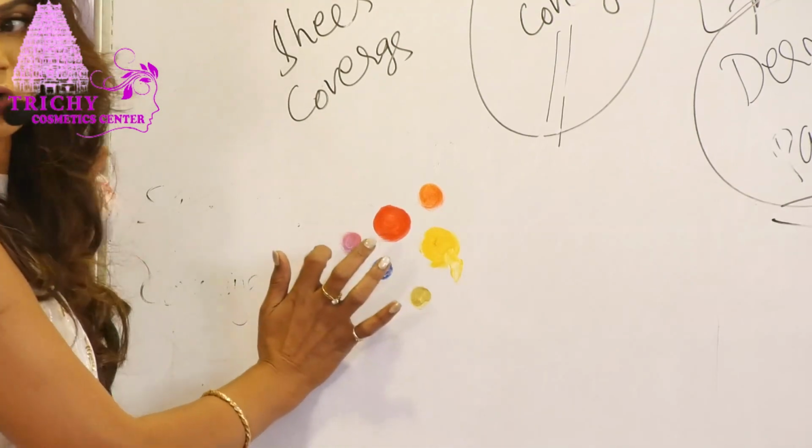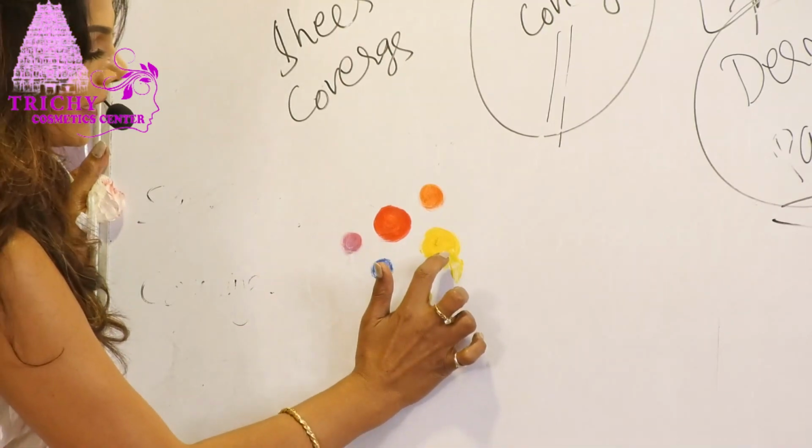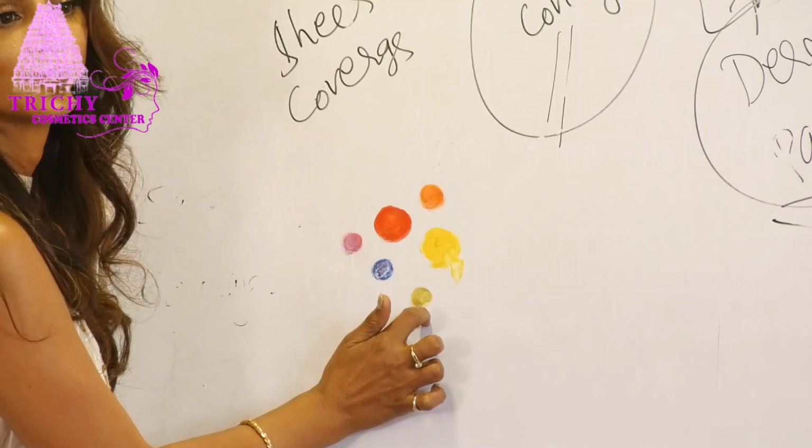So red and blue is equal to violet, and this and this green.